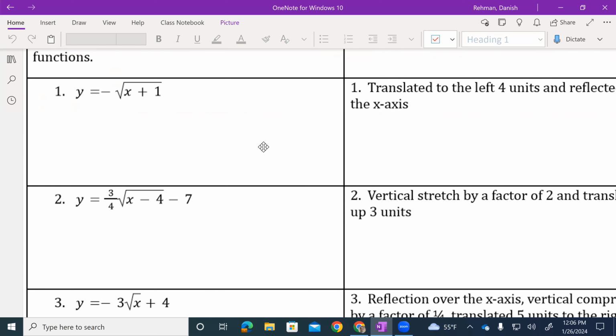Can you tell me, do we have any K here? Where will I look for the K? Outside the square root. There is no K, right? Nothing added or subtracted outside the square root. Do we have something subtracted or added inside the square root? Yes, that's the h, right?